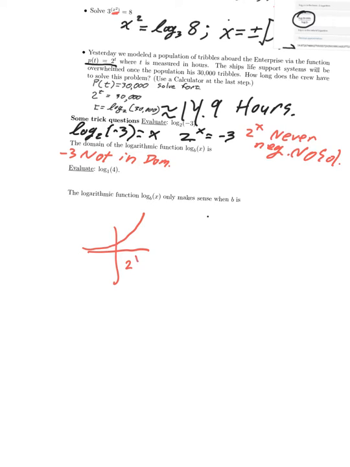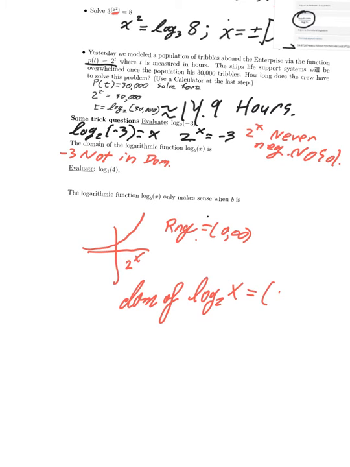So I guess this is 2 to the x. Its range is 0 to infinity. That tells you that the domain of log base 2 of x is the same as the range of 2 to the x, so that should be 0 to infinity. The domain of the logarithmic function log base b of x is the interval from 0 to infinity.